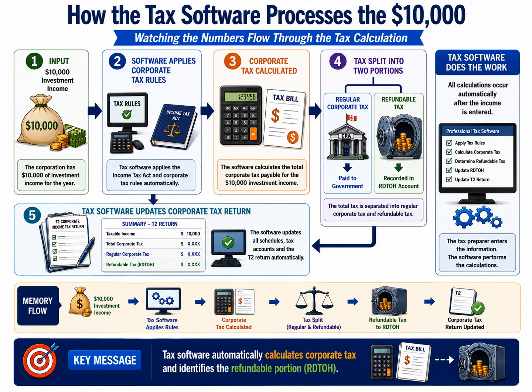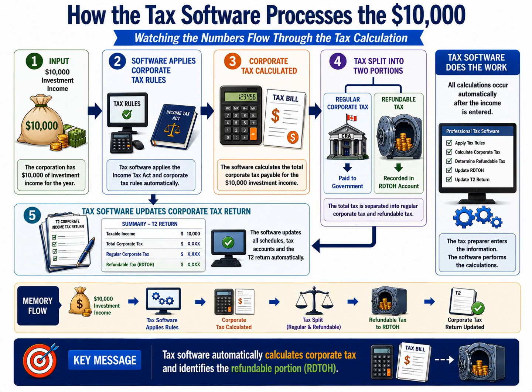Once the total tax has been determined, the software doesn't stop there. It automatically separates that tax into two components. The first component is the regular corporate tax, which represents the amount payable to the government. The second component is the refundable portion of the tax.